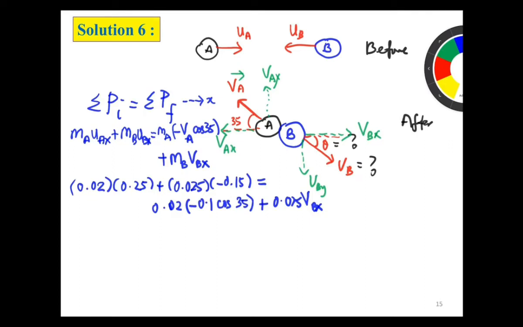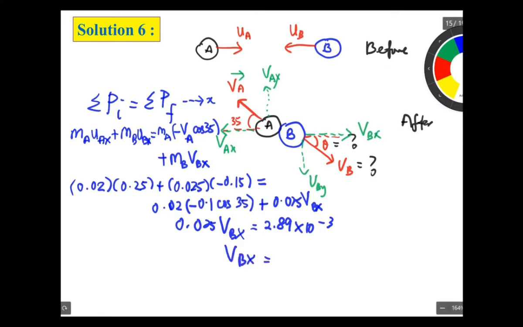Okay, so you get the answer. 0.025 VBX is equal to 2.89 power of negative 3. Okay.